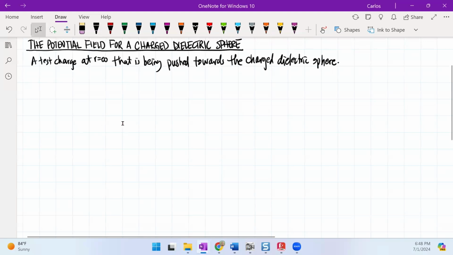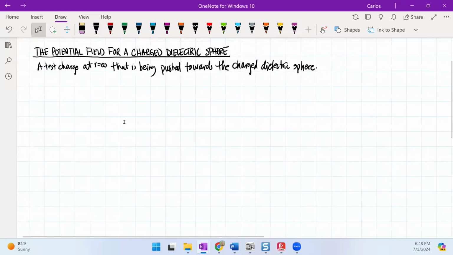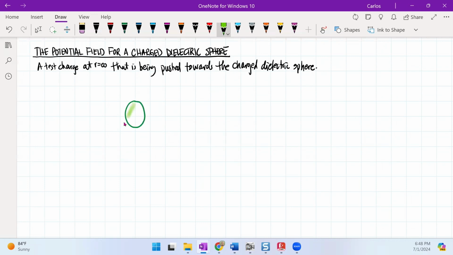So when I'm looking at this, I'm kind of seeing something like this. I have a sphere that looks something like this, and I have charge everywhere. So it's a uniform charge distribution.